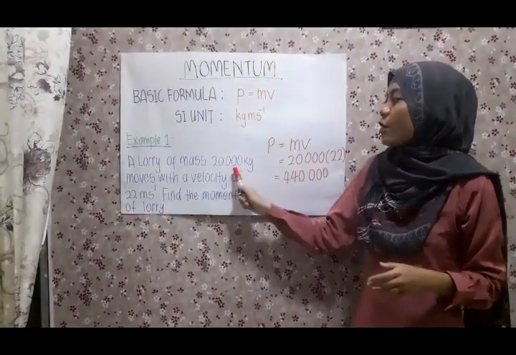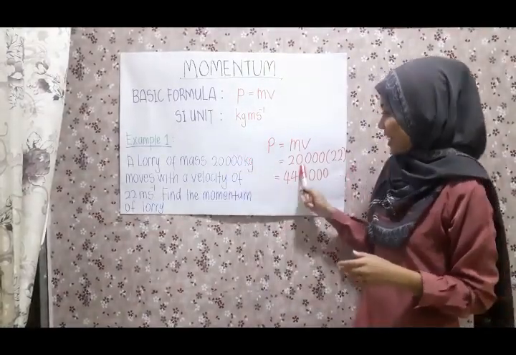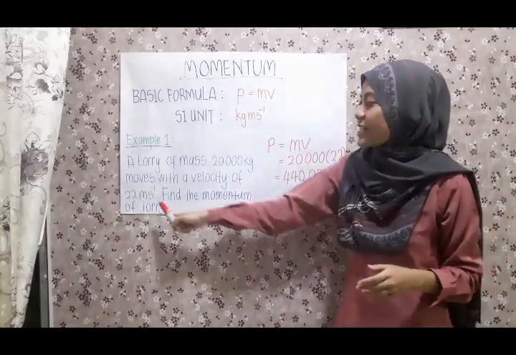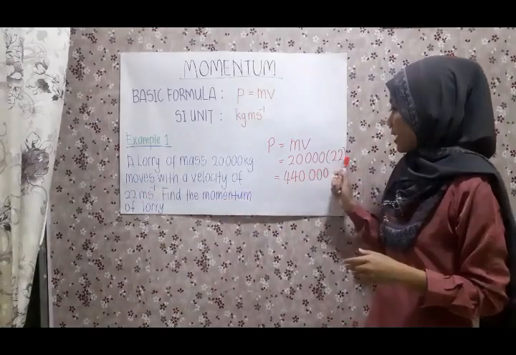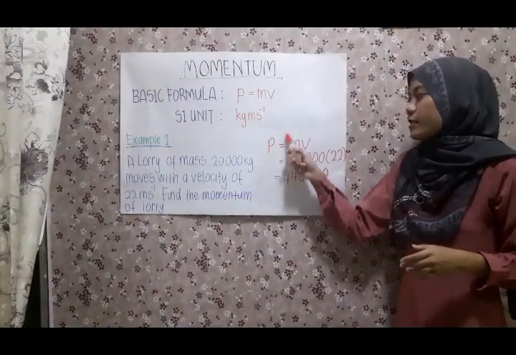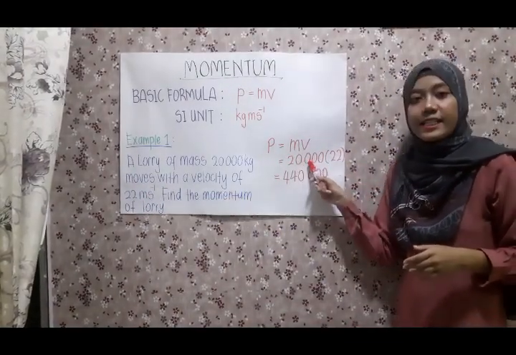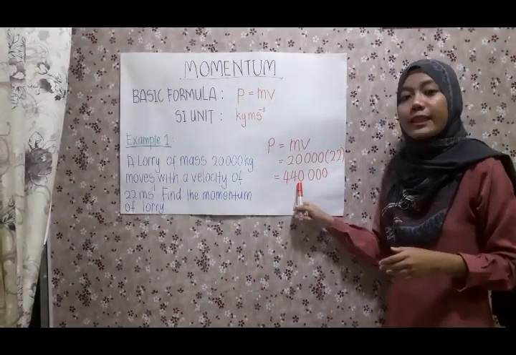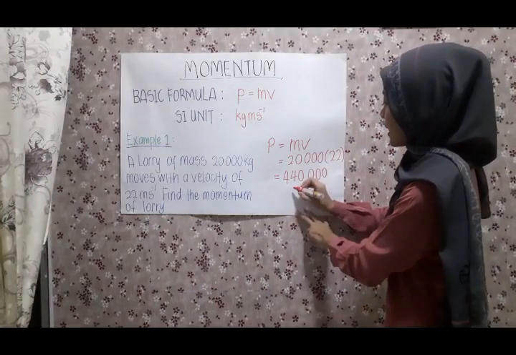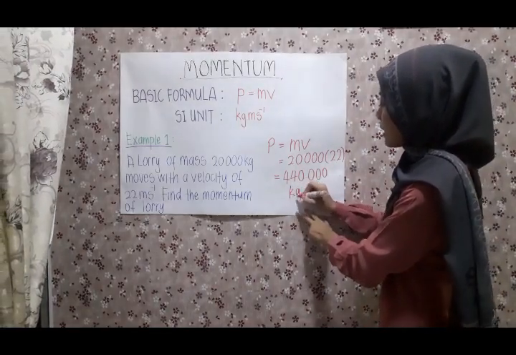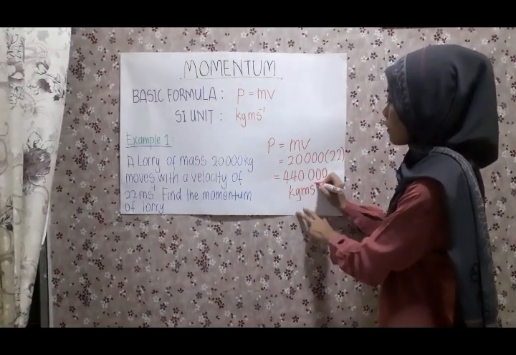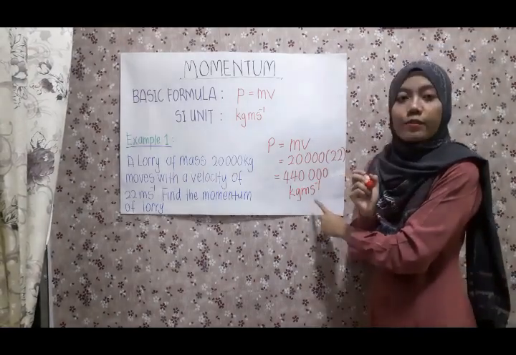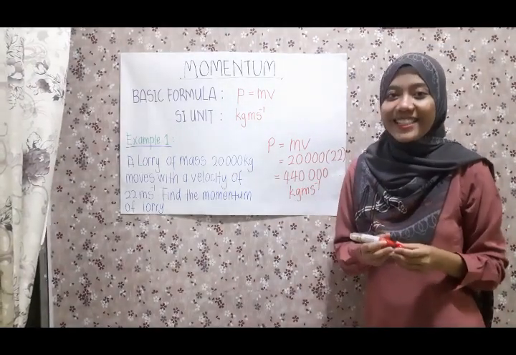So 20,000 kg times 22 meters per second, we got 440,000 kg meter per second.